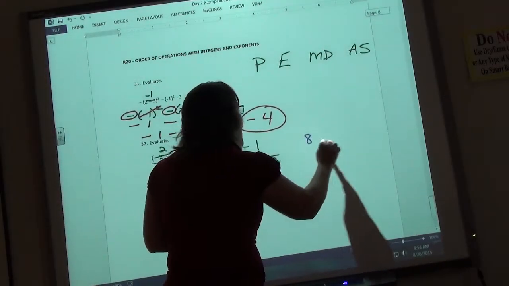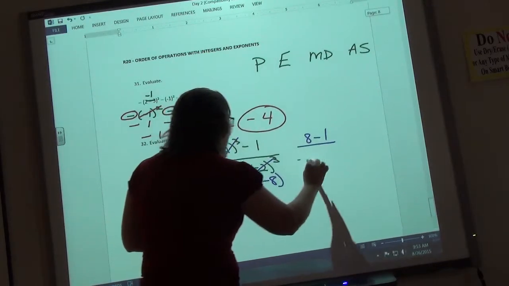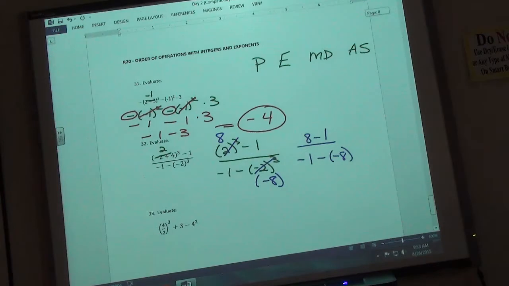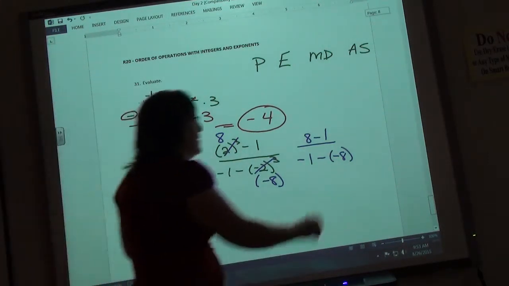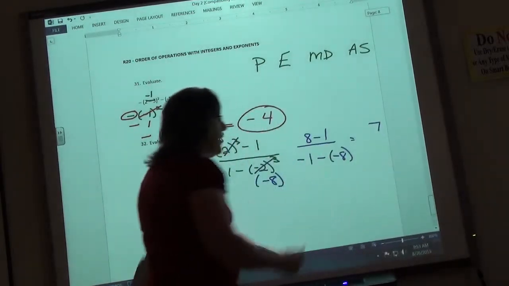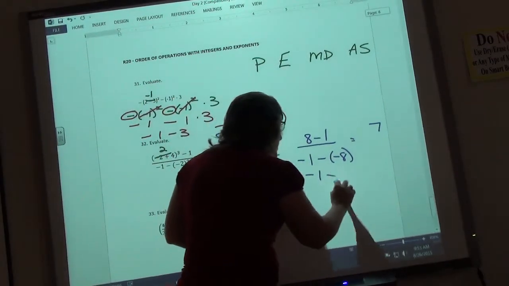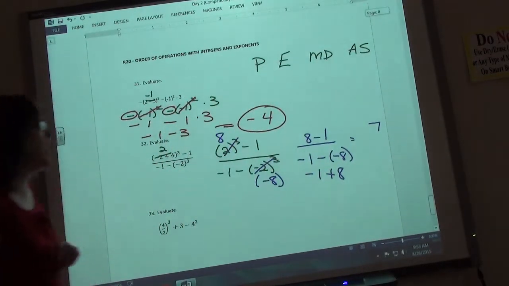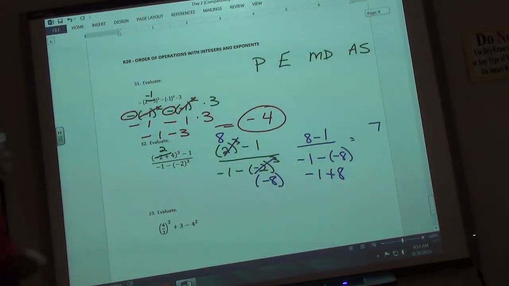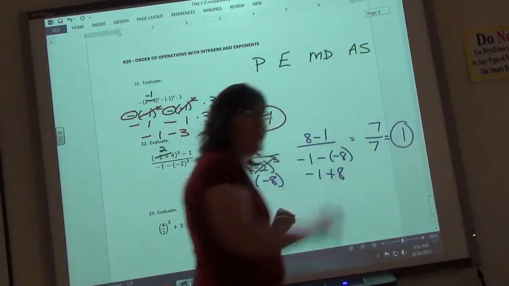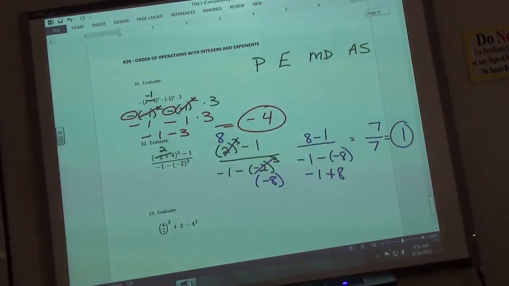So now I have 8 minus 1 on top and negative 1 minus a negative 8 down on the bottom, right? So 8 minus 1 is 7. On the bottom, again, I'm subtracting a negative, so I'm going to change it to a positive. So negative 1 plus 8 would be 7. And 7 over 7 simplifies into 1, exactly.